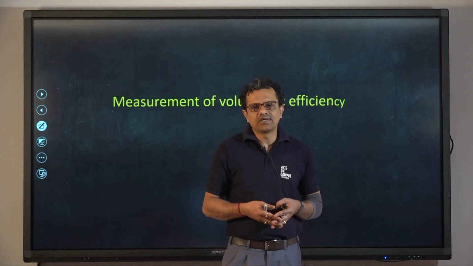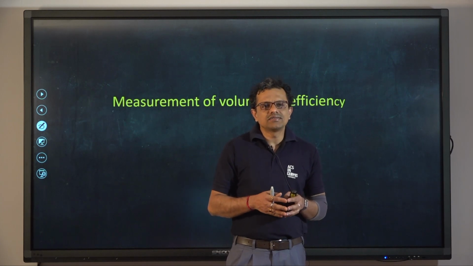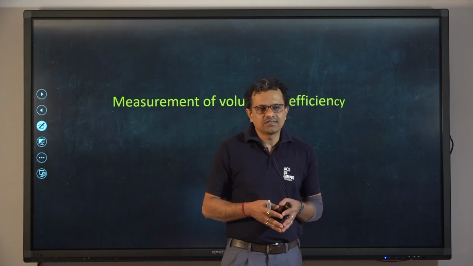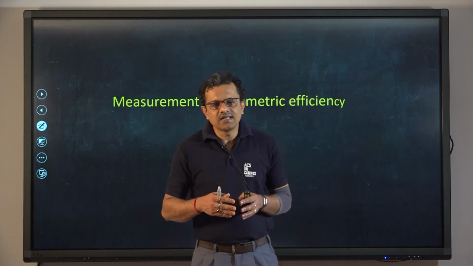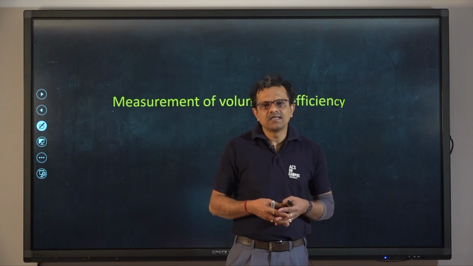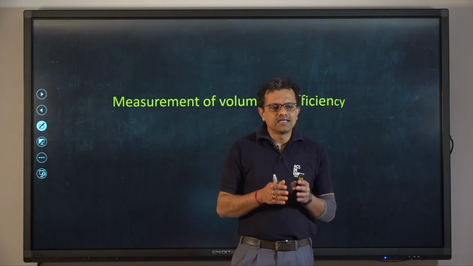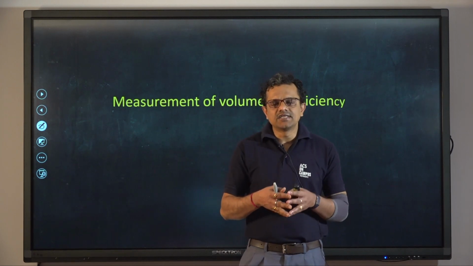the theoretically calculated value. The reason is there are several parts, and those parts offer resistance to the flow of air, and those parts are the air cleaner, then the intake valve, and certainly the design of the intake manifold.